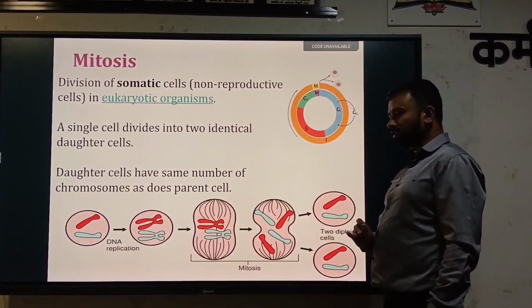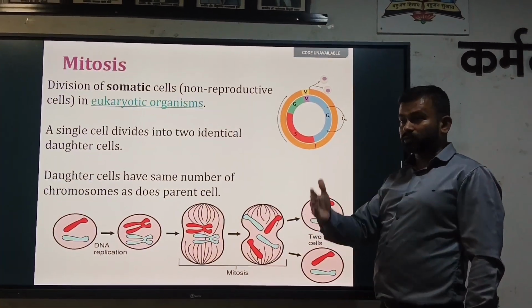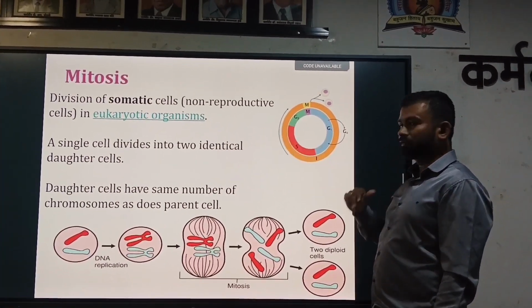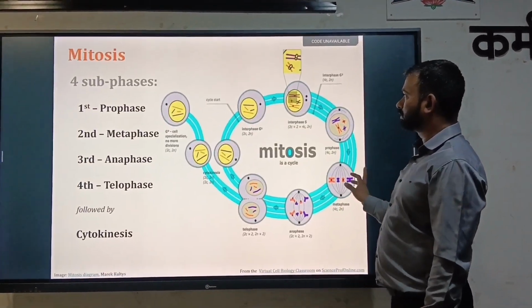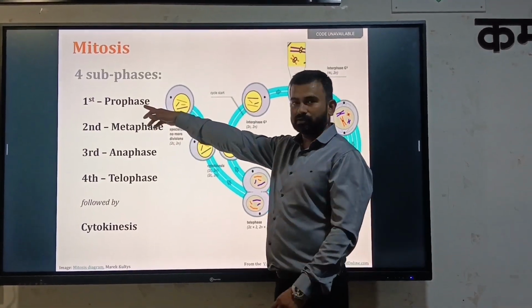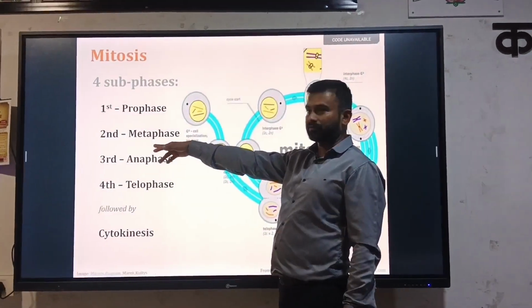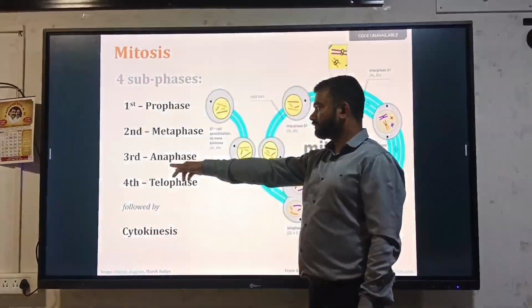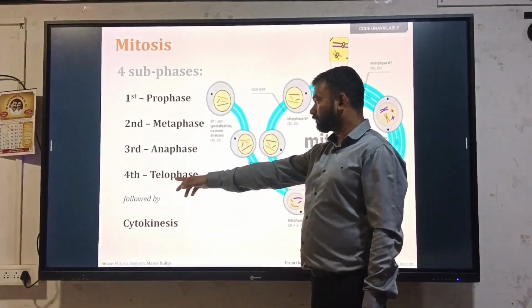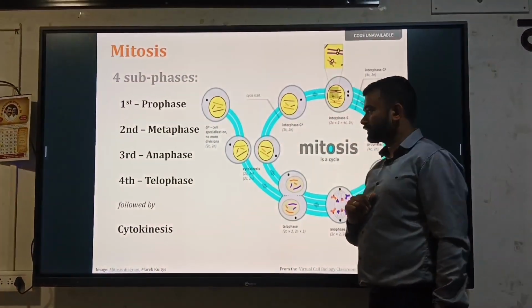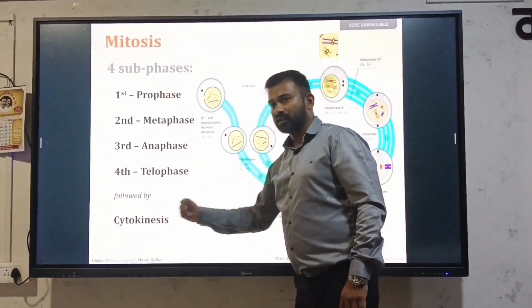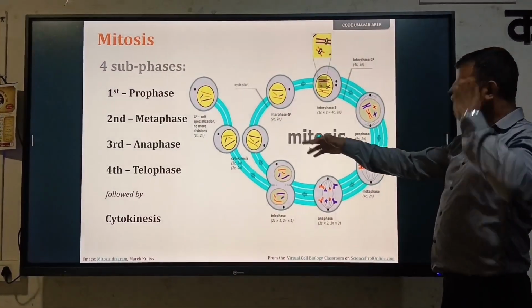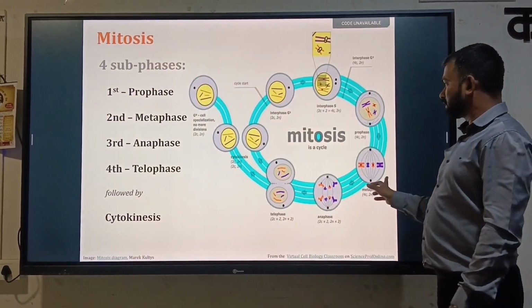Mitosis is a process that is divided into different stages. The first phase is prophase, the second is metaphase, the third is anaphase, and the fourth is telophase, and all these four phases are followed by cytokinesis. We will see each and every step in detail.